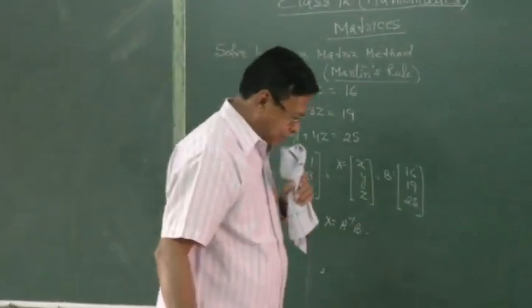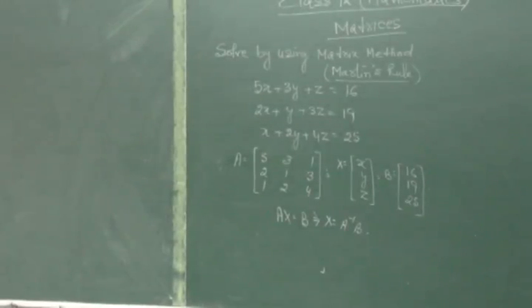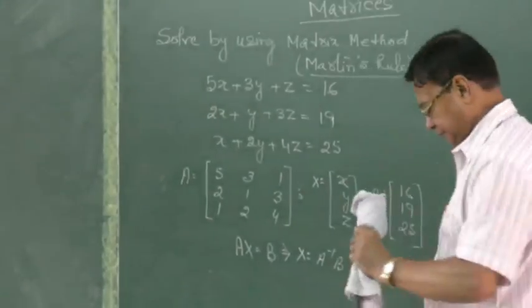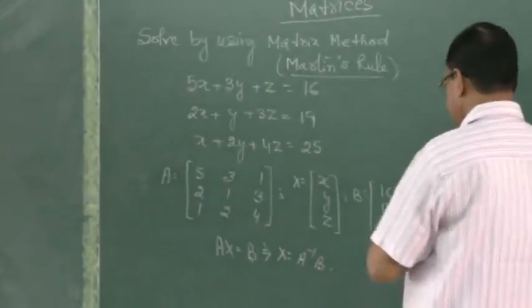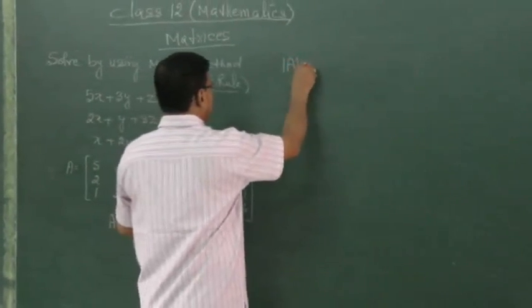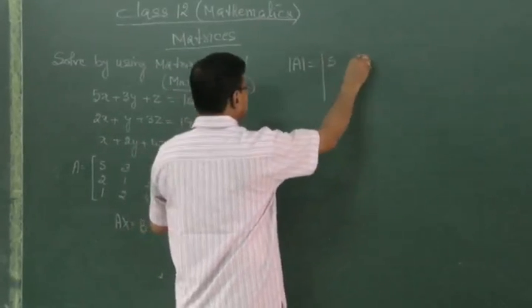So to find the inverse, the first thing we find is the determinant of A. So that's it.